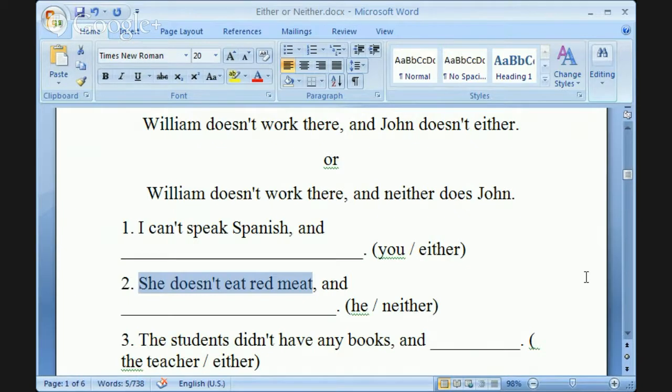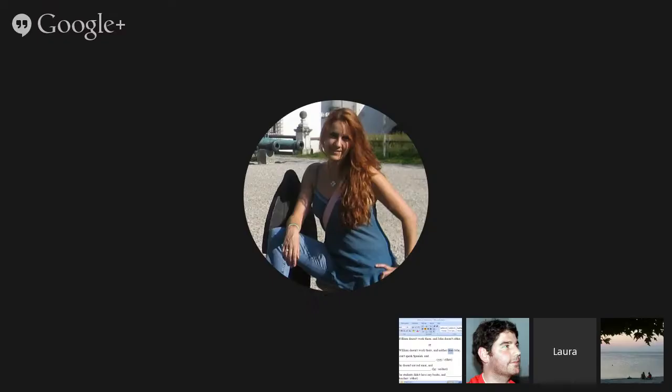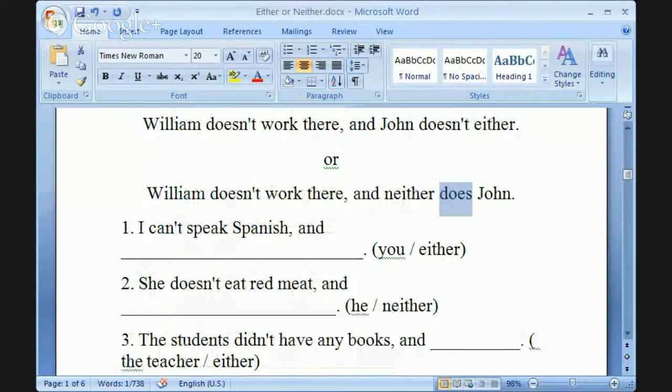You've got to remember this with either and neither. It is different. I know. In any normal English clause or sentence, of course, the subject will be in front of the verb. I know. It's weird. English is weird, Laura. It's not my fault. No, it's just not logical.